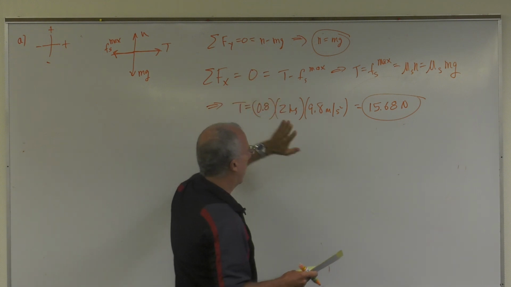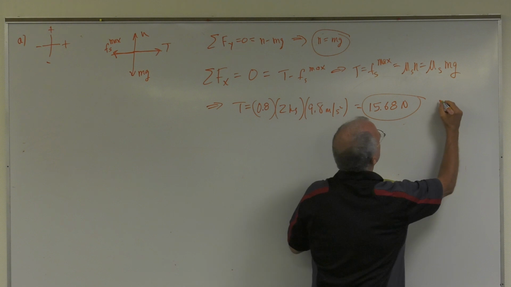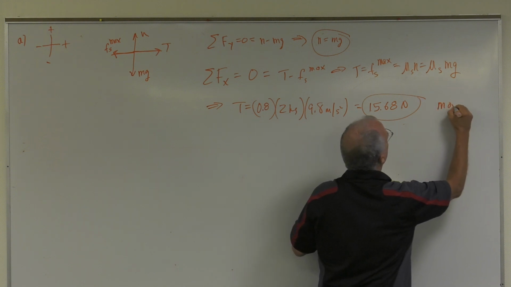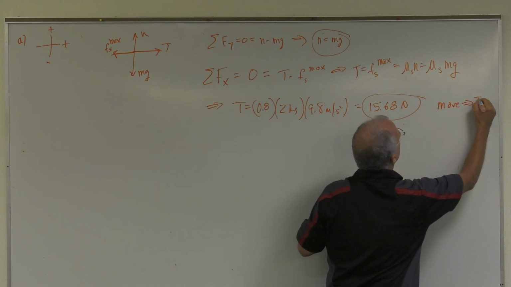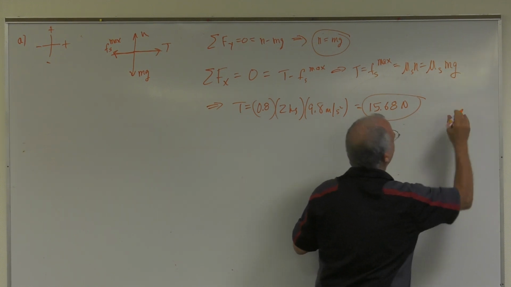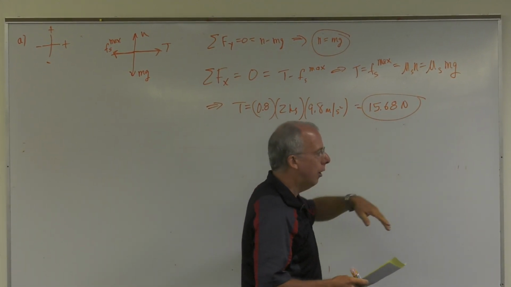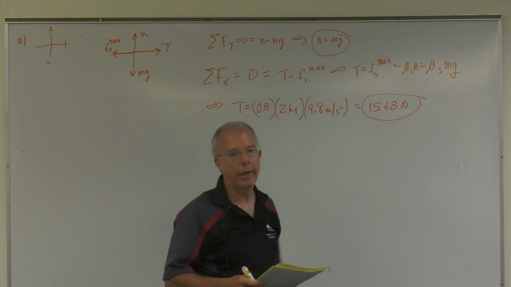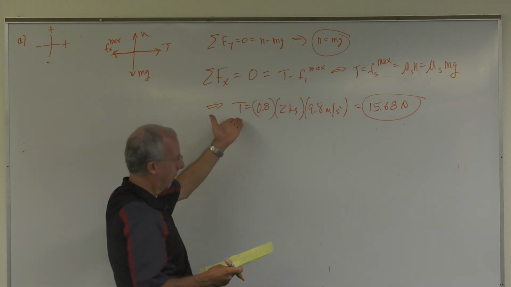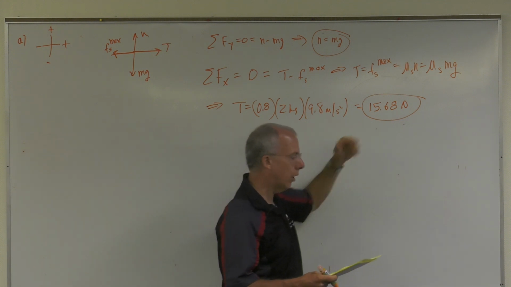So in order for the block to move, the tension has to be greater than 15.68. We found the equilibrium condition where it doesn't move, but if it's just a little bit more than that, it's going to move.